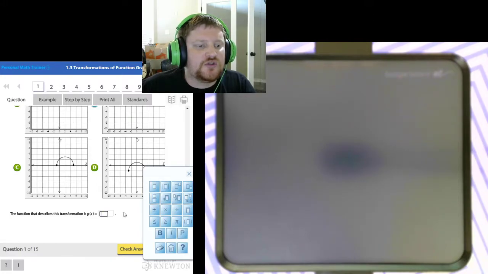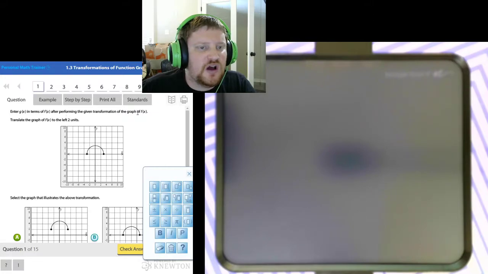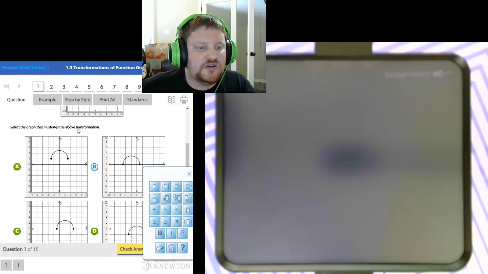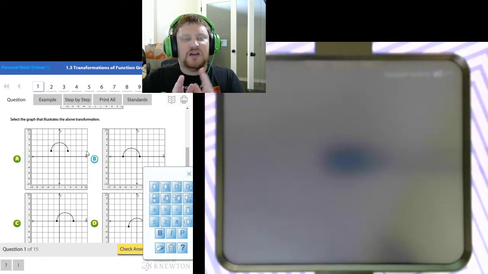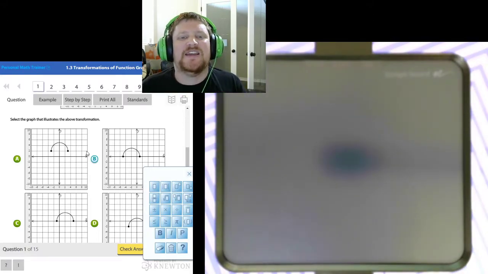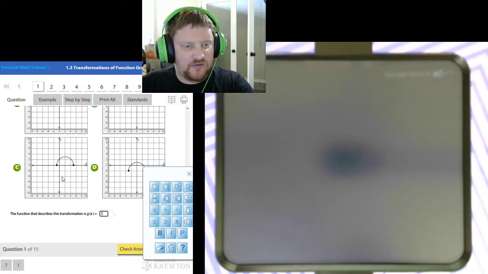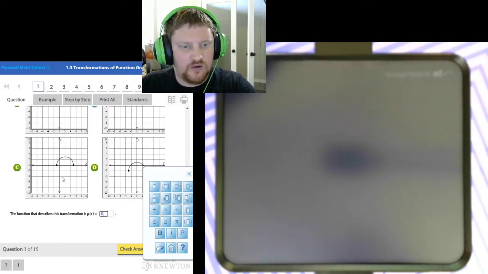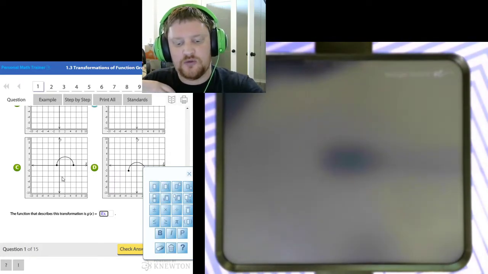So they want us to describe the transformation in terms of f of x. So remember, if we're moving left and right, that's going to be addition or subtraction inside of parentheses. So we are going to have f of x, and since we are moving to the left, that is backwards from what we think.